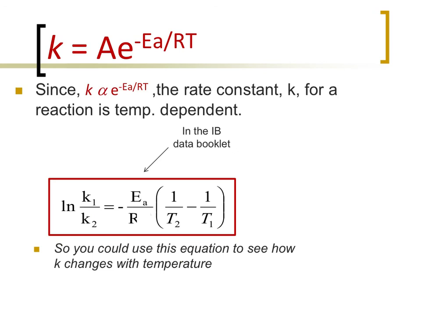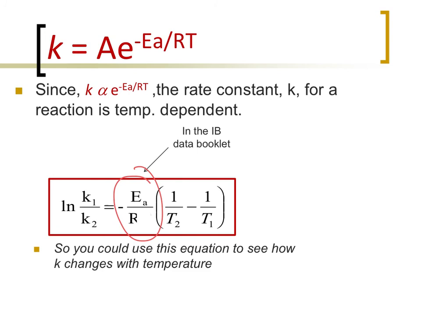Now let's take a quick look at some derivations of this equation. One thing we could do is look at the natural log. If we look at the natural log of K1 over K2, we can set that equal to the natural log of e to the EA over RT, which pulls out that EA over R, so it's no longer an exponent of the e. Natural log of e just goes away.